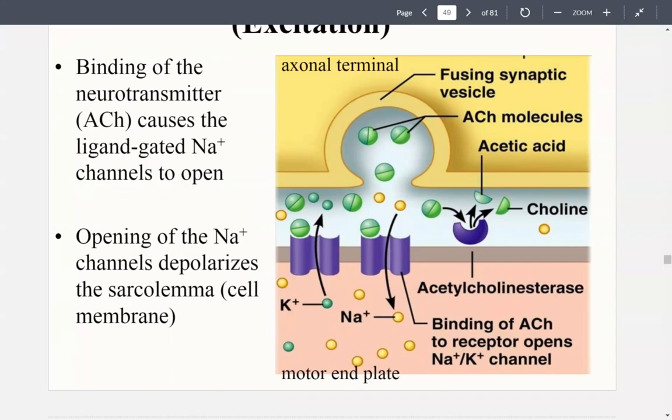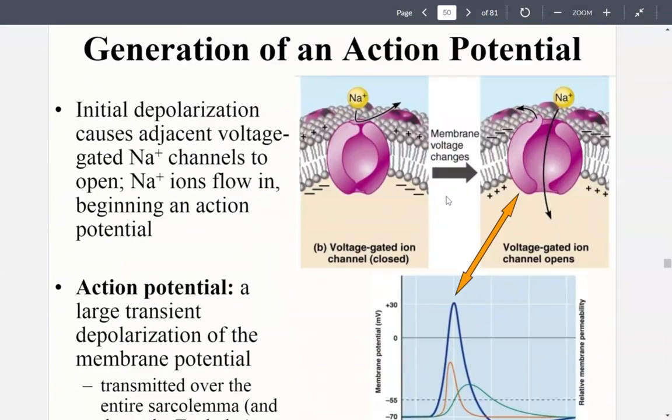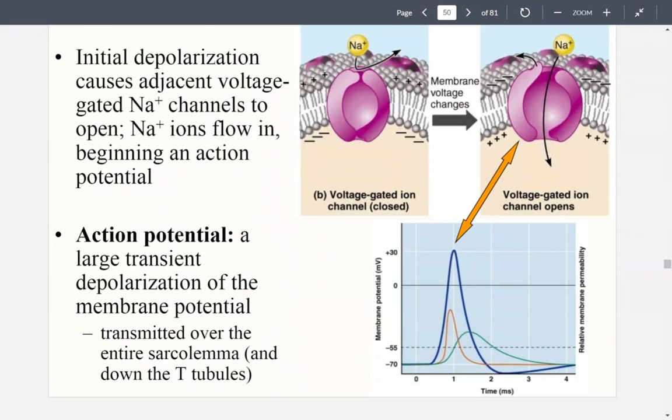This is going to cause the cell membrane, muscle fiber cell membrane, to depolarize, and that's going to generate this action potential. Now, we will talk in more detail about depolarization, repolarization, hyperpolarization, and what all those terms mean. We'll talk about synaptic clefts and spaces and vesicles and axon terminals and all those fun things in far more detail in the nervous system.